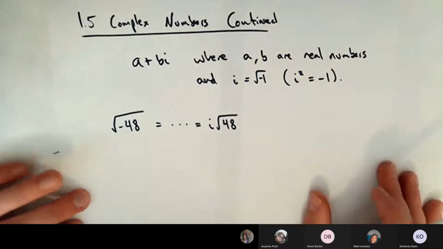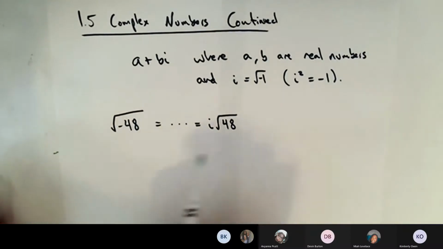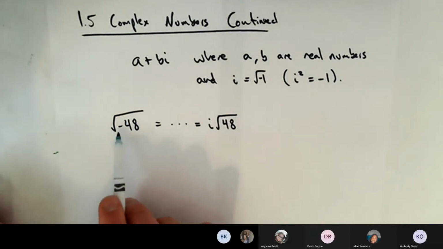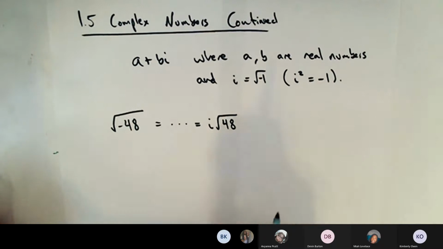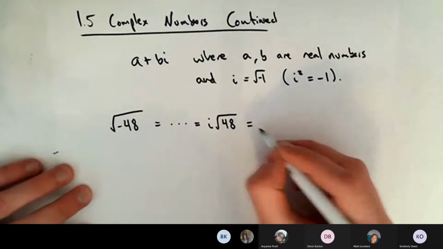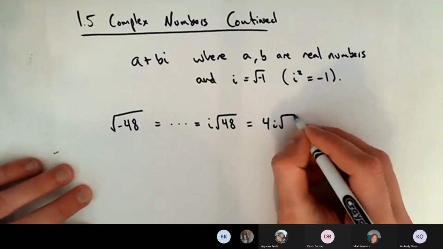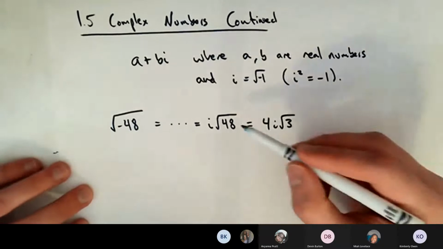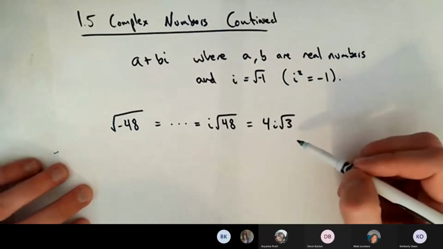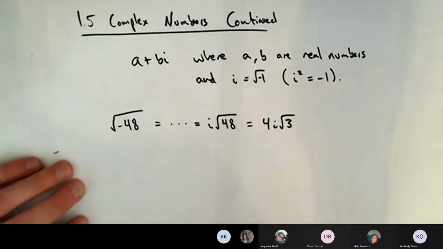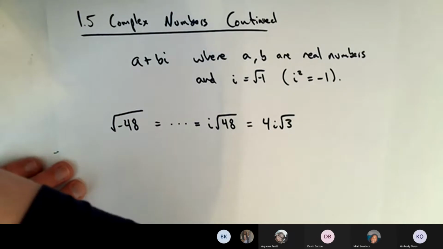But the power that i has here is that if there's a negative under a square root, we just call that negative part i, and then we deal with the square root like we normally would. So in this case, this would simplify to 4i square roots of 3, just simplifying the square root of 48 like we did in 0.4.